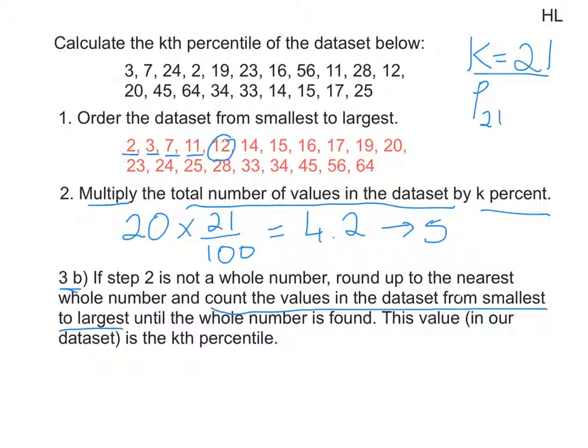This 12 is our 5th value in the data set. This value of 12 is the kth percentile. So the 21st percentile, P21, is equal to 12. In the case of 12, 21% of our data values lie below it. That concludes our discussion on percentiles.